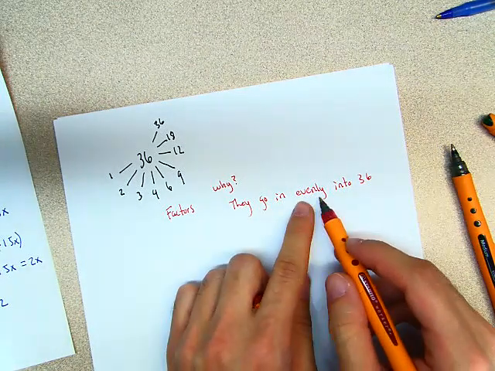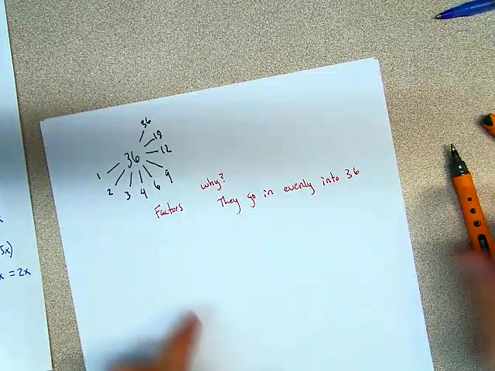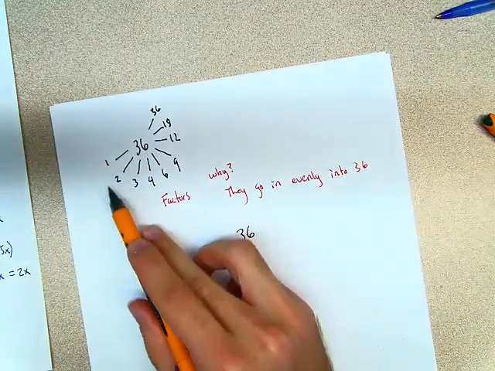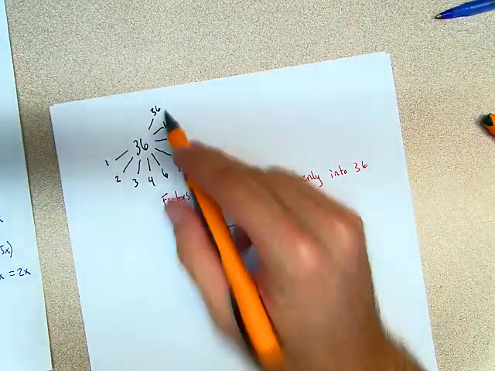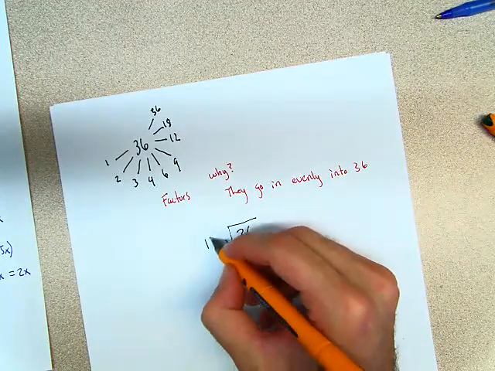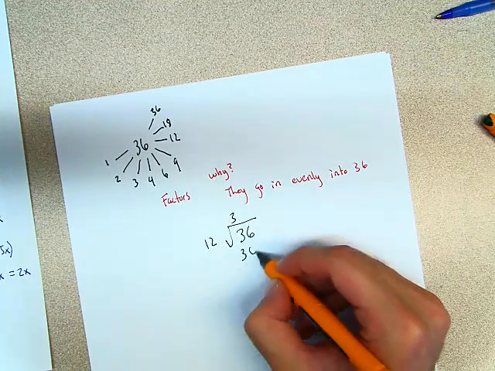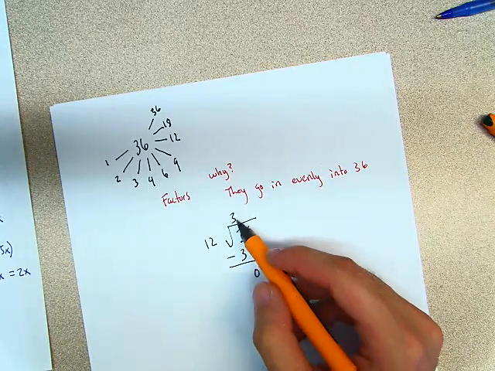That concept of evenly is going to come back to this remainder 0. I'll explain that right now. Let's say you take your 36 and divide it by any number here. Let's say you choose 12. What is 36 divided by 12? It's 3. 3 times 12 is 36. And you get remainder 0.